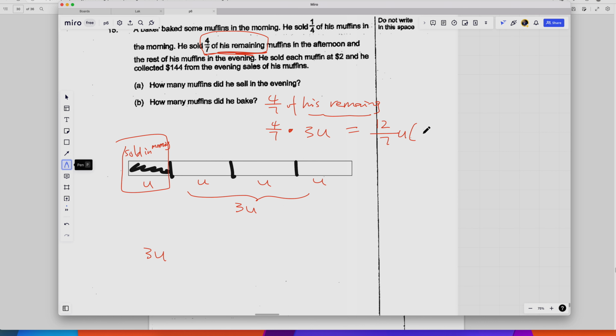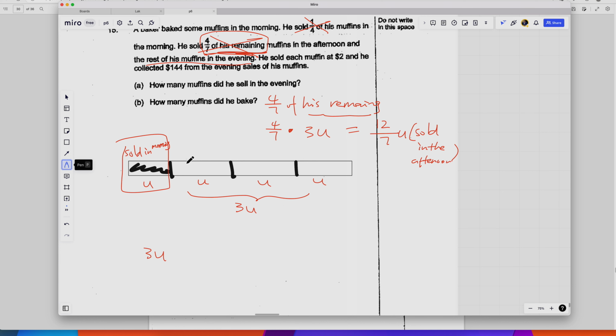So this is sold in the afternoon. Does it make sense? Yes. So basically, this one done, this one done. So we do it statement by statement. Then next: and the rest of his muffin in the evening.